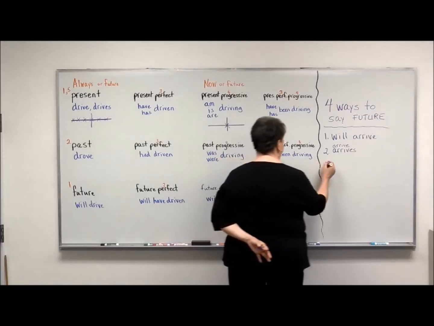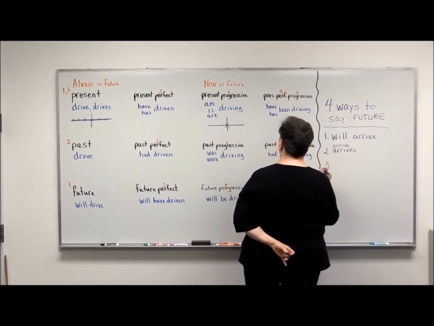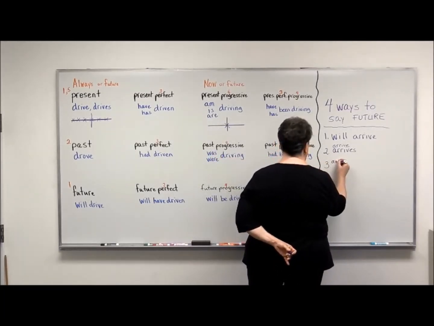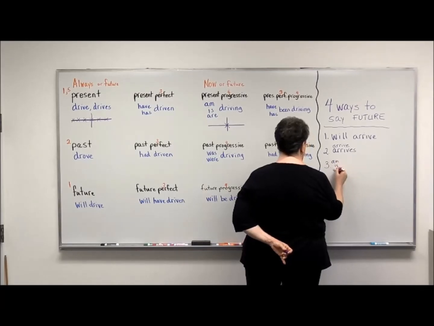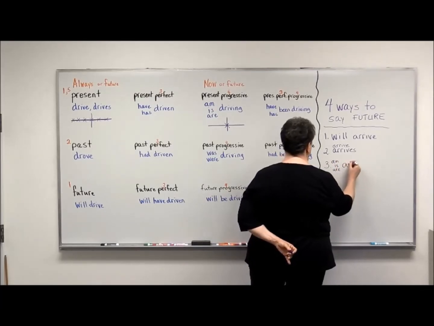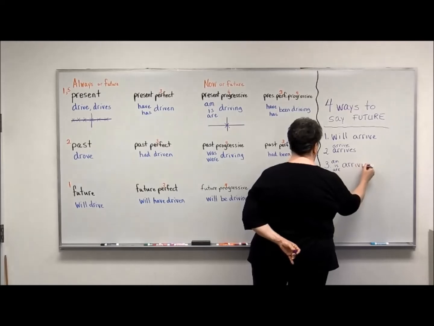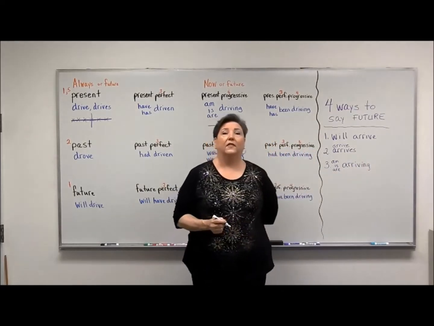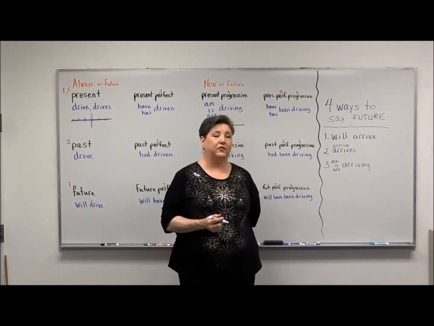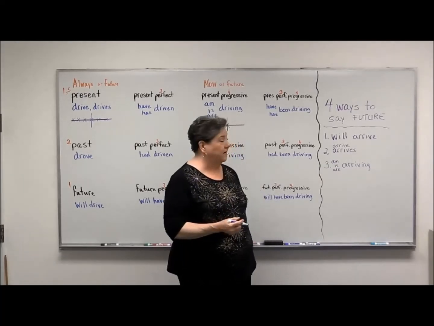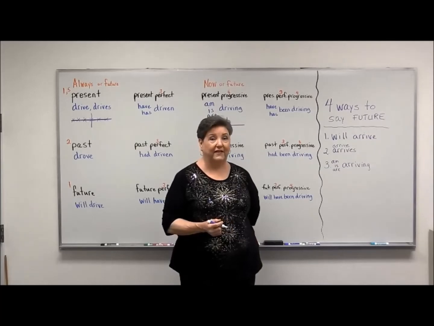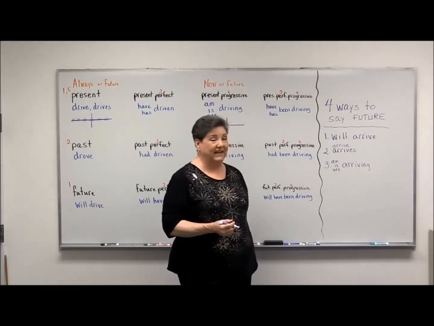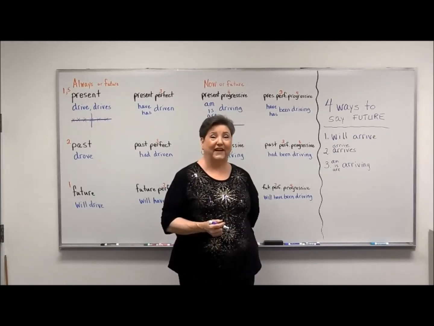So the second way to use simple future is simple present. The third way is the present progressive. Am, is, are, arriving. Same example. The plane will arrive tomorrow at 8. The plane arrives tomorrow at 8. The plane is arriving tomorrow at 8.